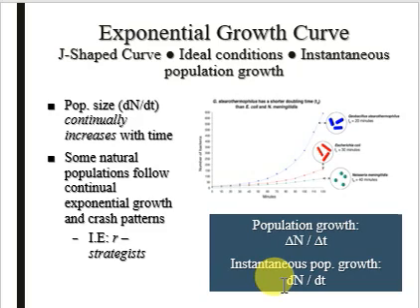When we look at the exponential growth curve, it's typically described as being J-shaped. At the beginning, there is a very slow rate of increase. This is called the lag phase. So there's only a few individuals, and you have this very slow period of growth occurring.